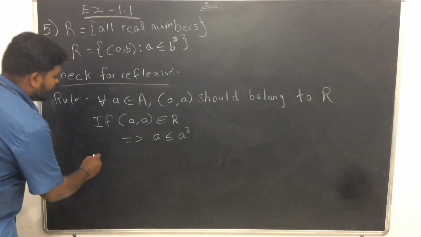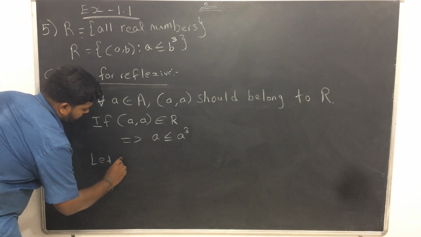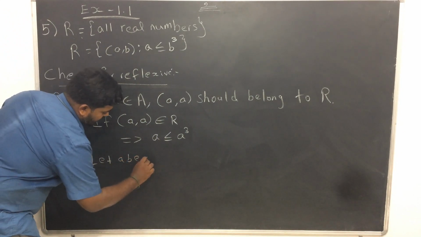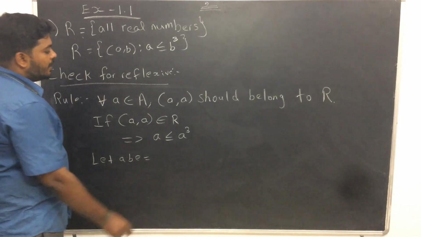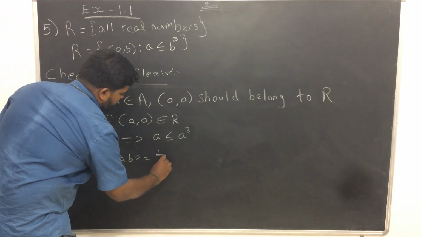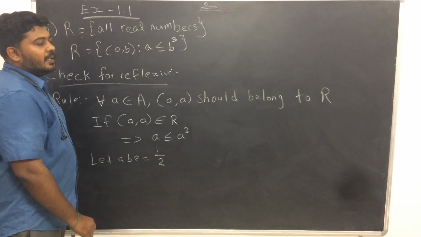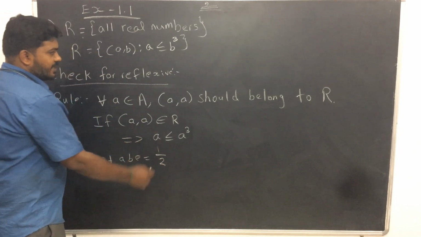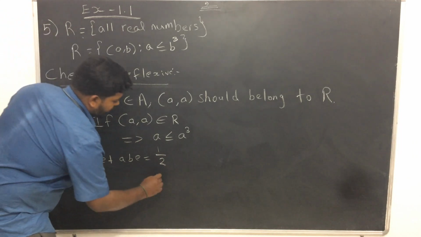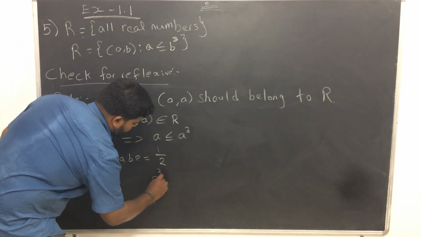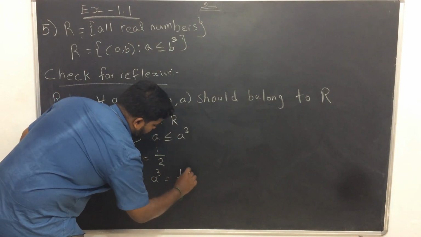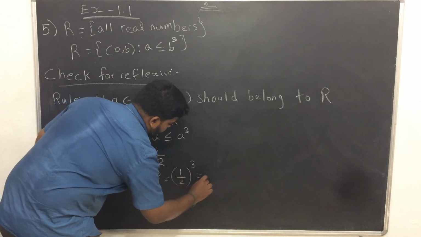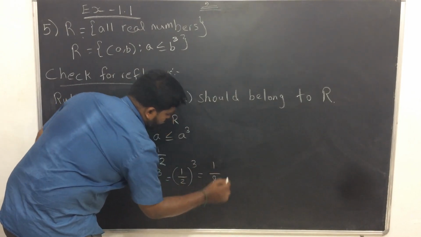Now let a be, I am going to take a to be 1 by 2 in this case. 1 by 2 is of course a real number. So I will take a to be 1 by 2 and check this relation. a cube is 1 by 2 the whole cube, which is 1 by 8.